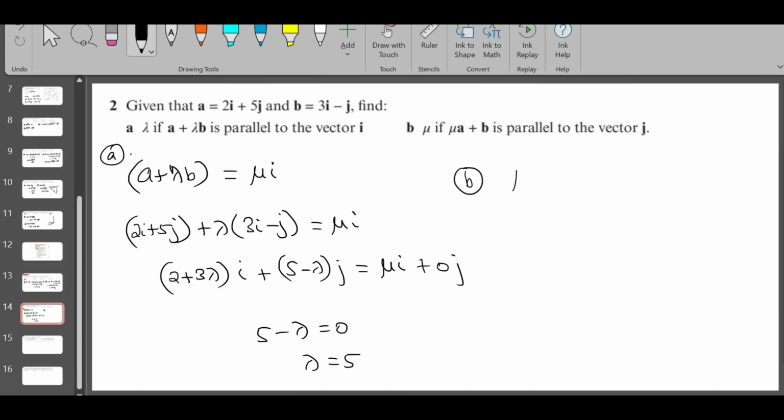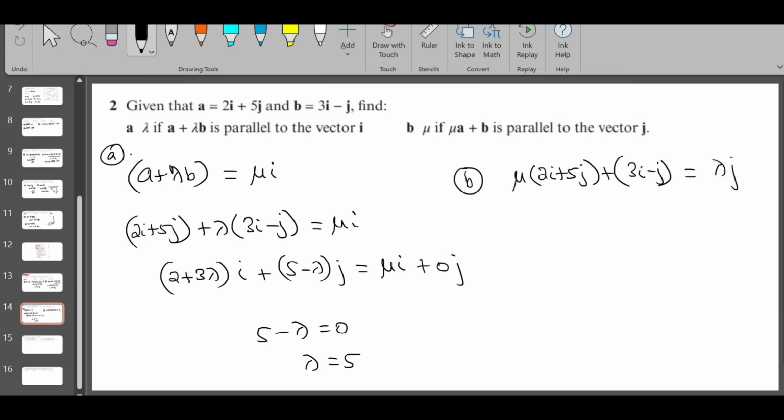The first vector, mu a, is 2i plus 5j plus b, 3i minus j. This vector is parallel to j. So I can write it as a scalar multiplication. They used mu already, so I'm using lambda. In the first question, they used lambda, so I have used mu here.